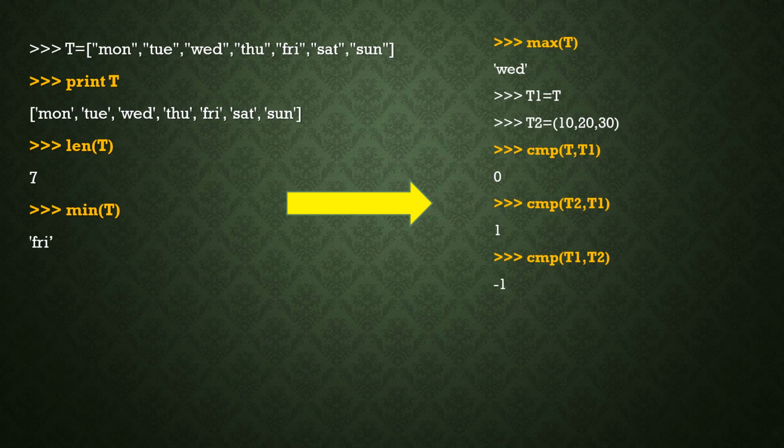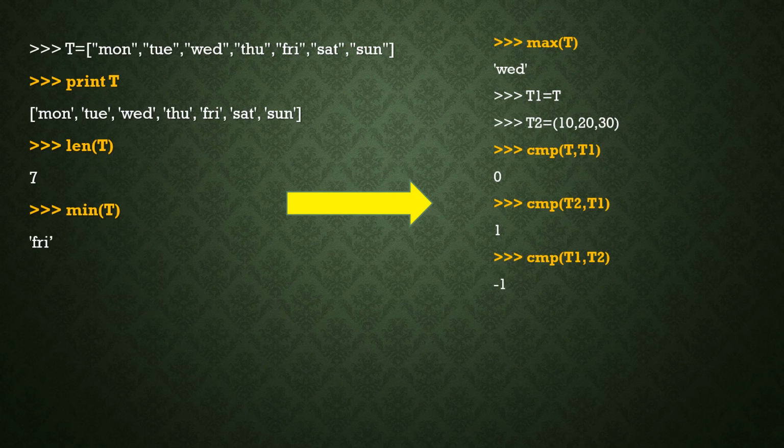Next, T1 equal to T, so all the elements of T will be assigned to T1, and T2 equal to 10, 20, 30. Comparison of T and T1: the comparison between T and T1 gives 0.